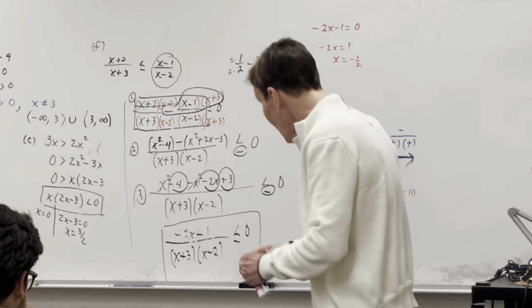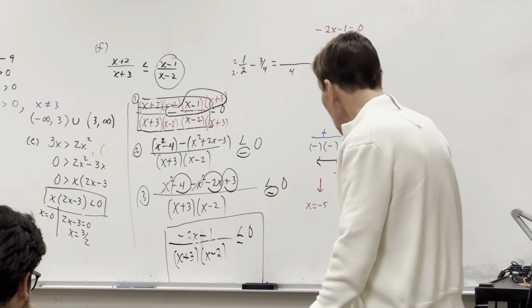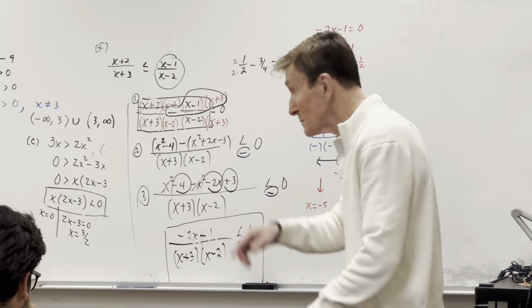Now, since I'm gonna close this down, can anyone tell me the solution to this madness? Here's the original problem. What is the solution in interval notation? See a hand go up. Looks like this. How would you say it looks like in interval notation? Go for it.